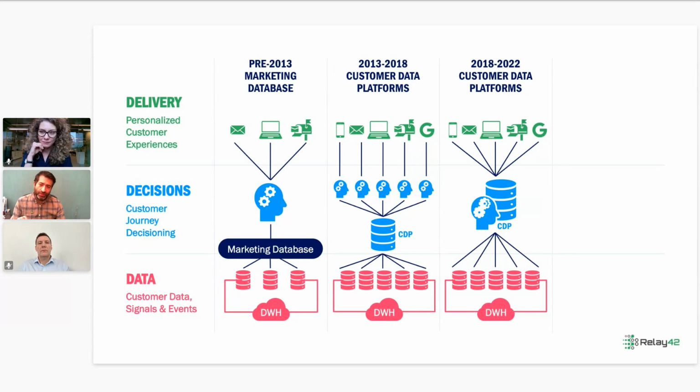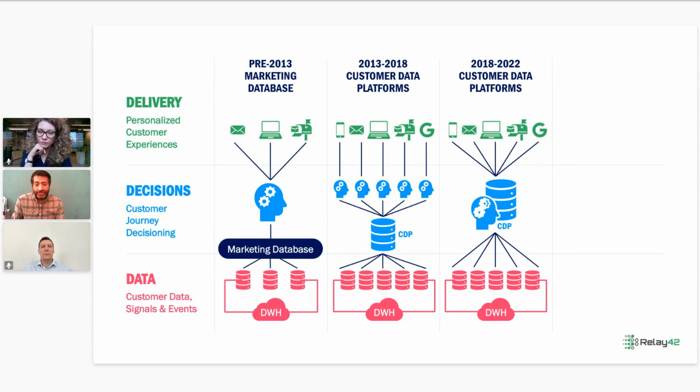But the interesting thing in this window between 2018 and 2022 was seeing the rise of CDPs moving more into customer journey orchestration. Yes, unified data, but really realizing that unified data is great, but you need to be able to do stuff with it, and therefore bringing in a unified decisions layer.